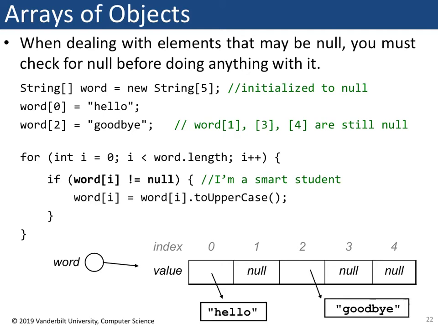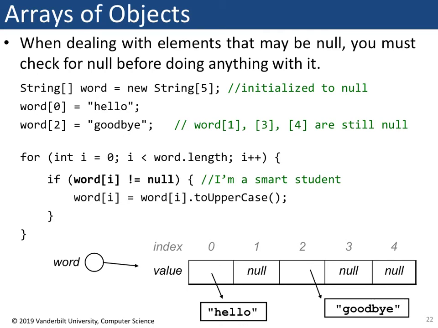So we create this string object and store a reference to it in element 0 of our word array. Then we create this string object and store reference to it in element 2 of our string array. But words 1, 3, and 4 are still null.